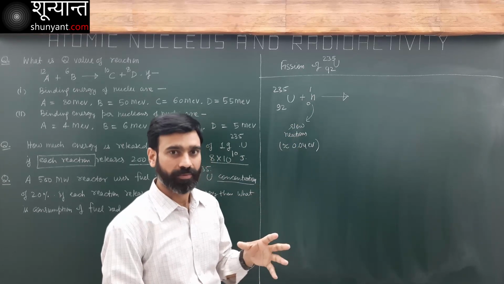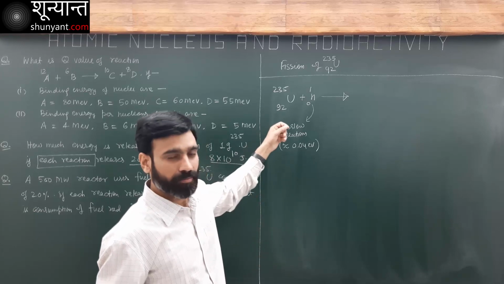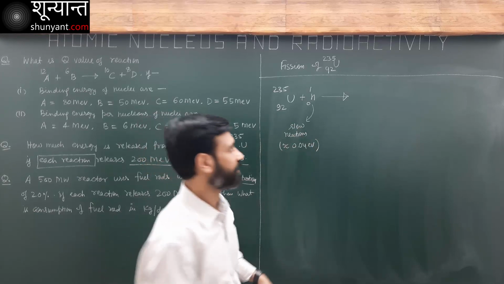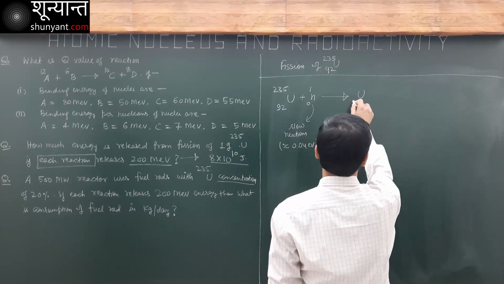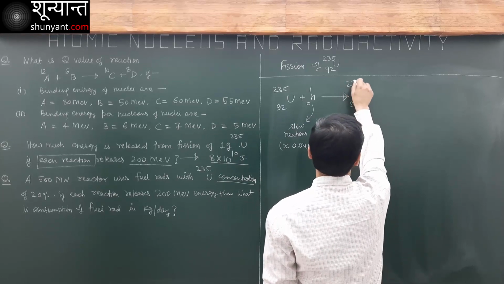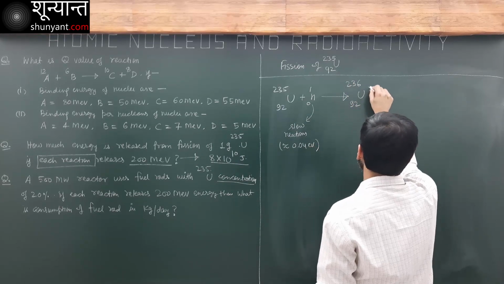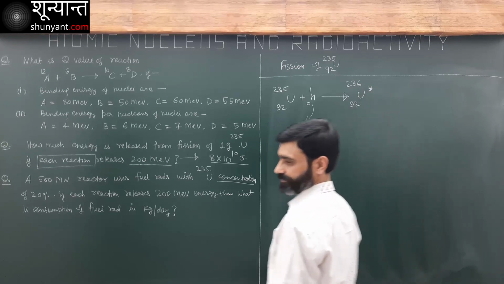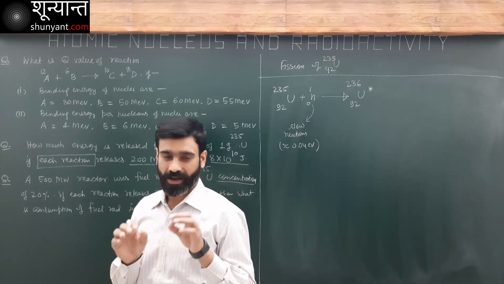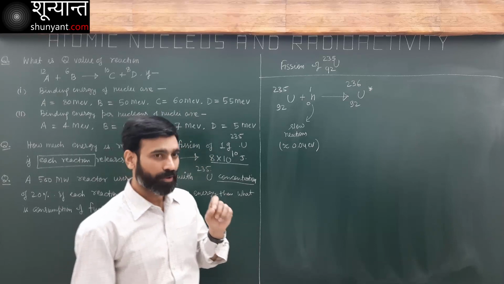It gets absorbed, and when it gets absorbed, the nucleus changes. Now this becomes 92, 236, and now this is a highly unstable nucleus.